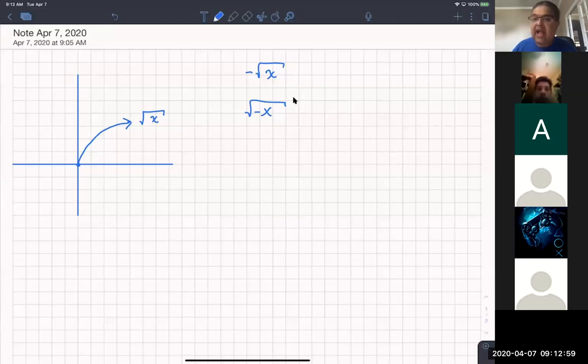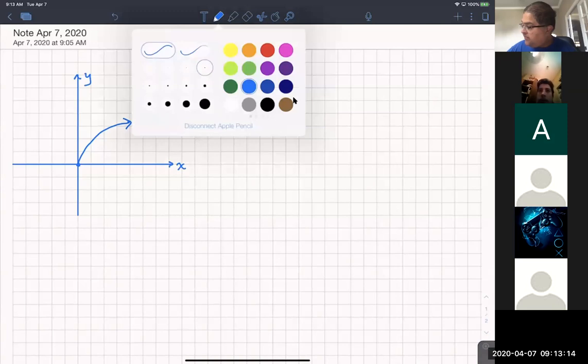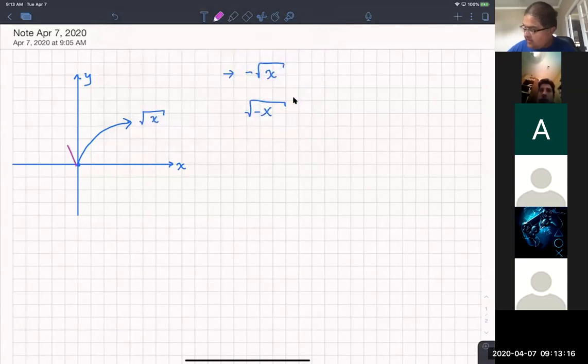When I put a negative in front of a function like this, it flips it across the y-axis. So remember, this is your y-axis, this is your x-axis. So putting a negative in front flips it across the y-axis. Okay. It's called reflections. So think about folding a piece of paper and reflecting it.